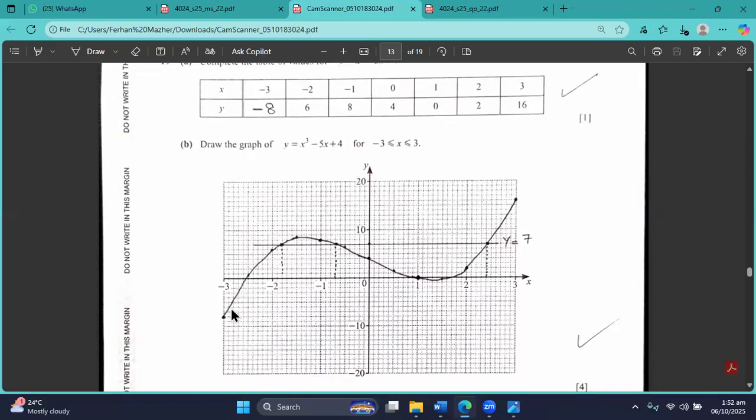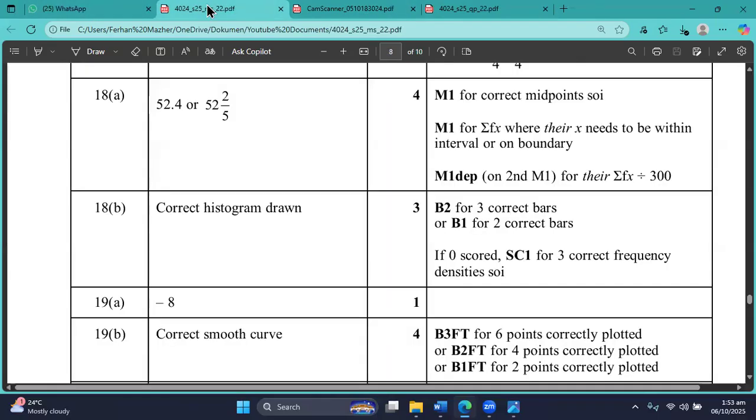I plotted them and then I joined these dots with a smooth curve. Where the distance between the dots is longer, I can take more points between them to make the curve very smooth. It's a very simple, straightforward thing.